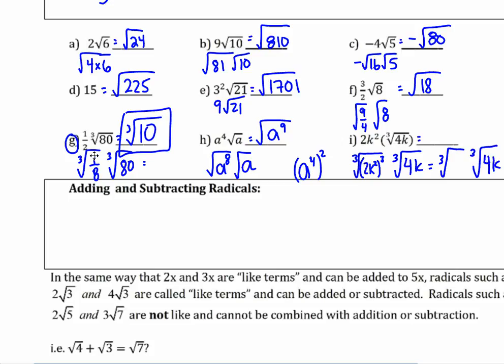What's inside this first bracket? Is it 2k to the 6th? No. What is it? 8k to the 6.